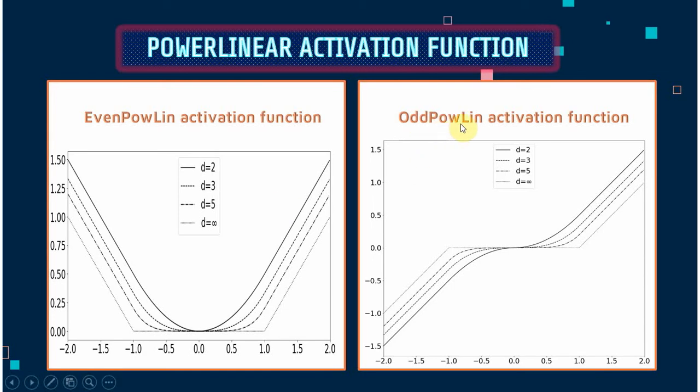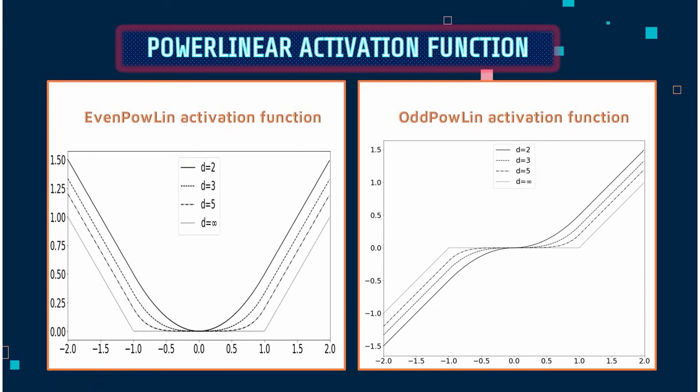And as you can see, the odd polylinear activation function is an odd function, where the outputs of negative and positive inputs have the same magnitude but different signs. This is also important: this is a new idea, and previous activation functions did not have this feature that our activation functions have.